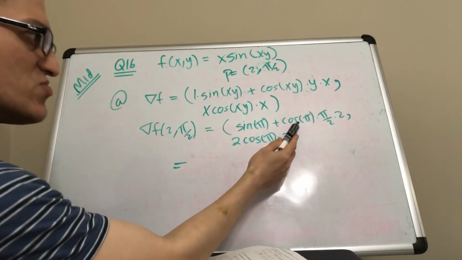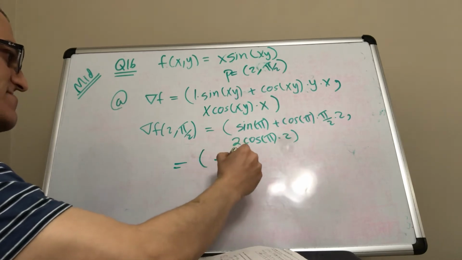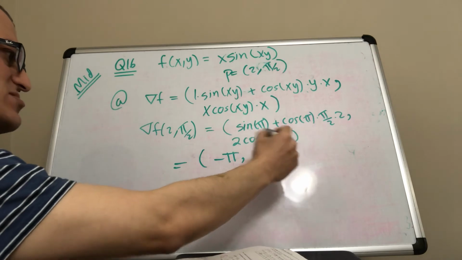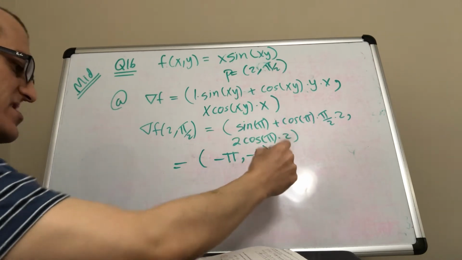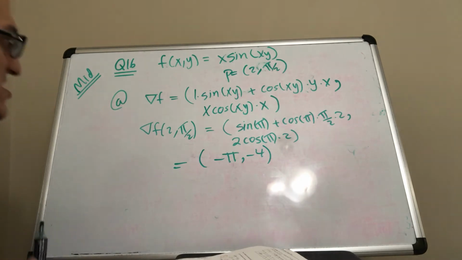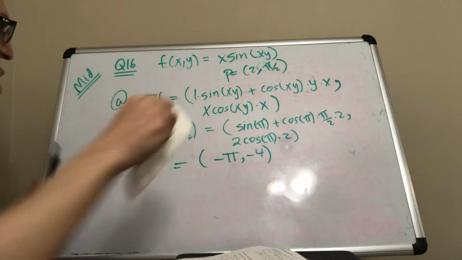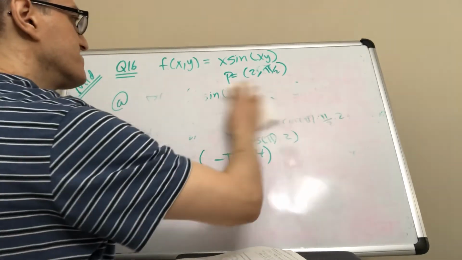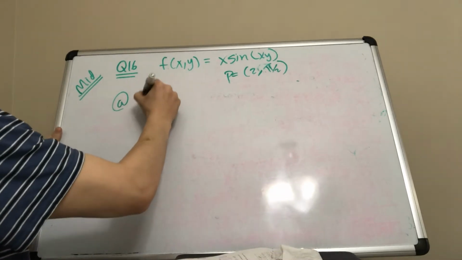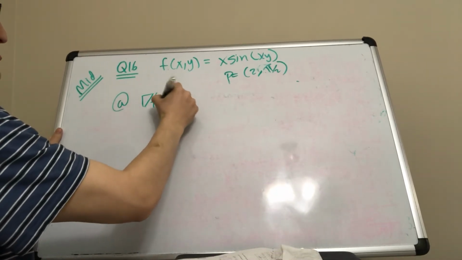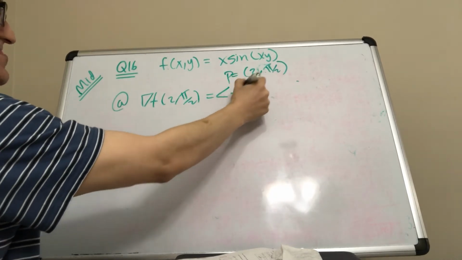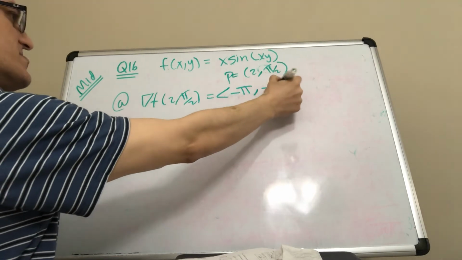Cosine of pi is minus 1, so minus pi. Here minus 1 times 2 times 2, minus 4. So the result of the gradient is negative pi, negative 4. So I'm gonna erase this. So the gradient at the point 2, pi over 2 is negative pi, negative 4.